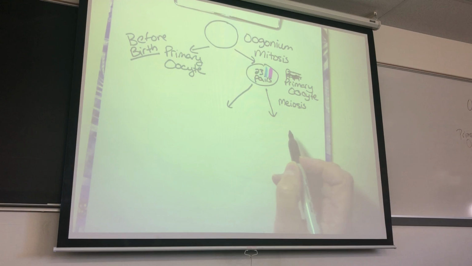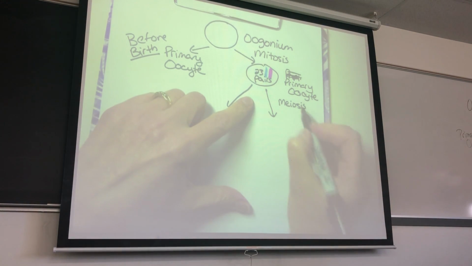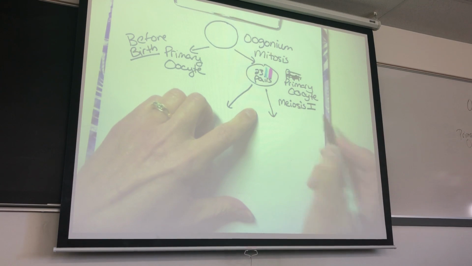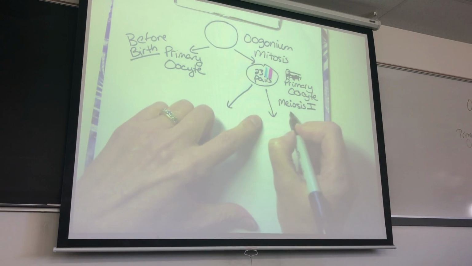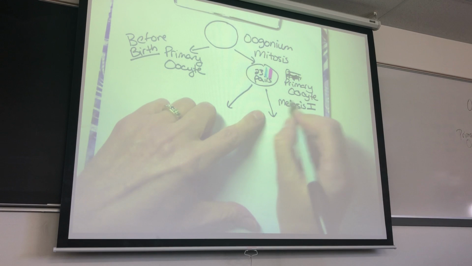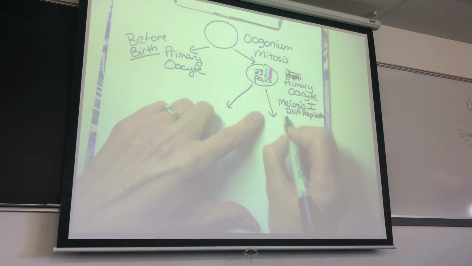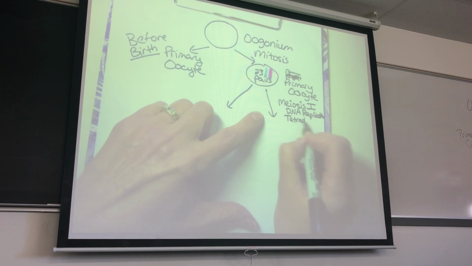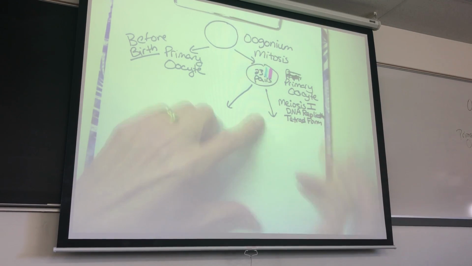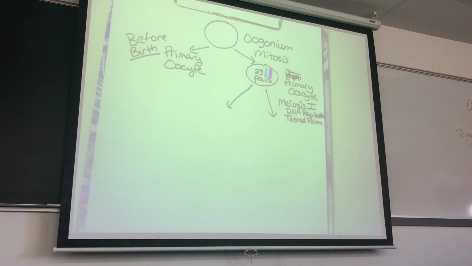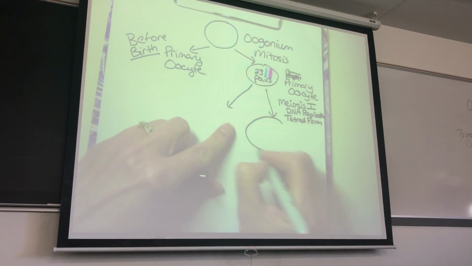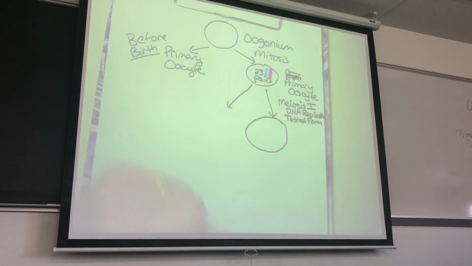All right, so in meiosis 1, we had a couple of things happening. First of all, before meiosis 1, we get DNA replication. And we get tetrad formation. Tetrads form. Okay. So what does that mean for us? I'm just going to do one of these and not the other one.